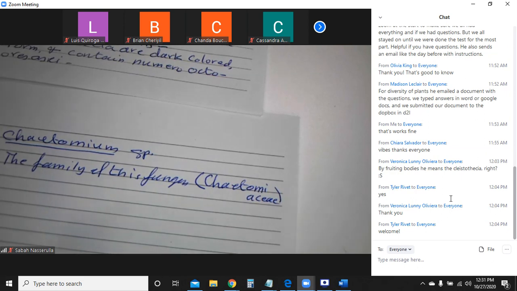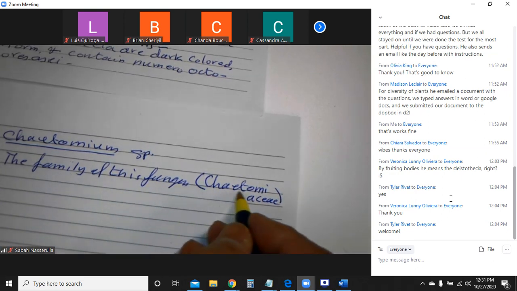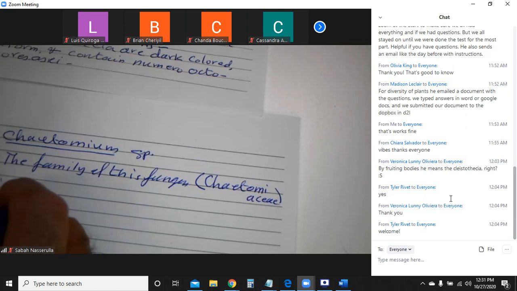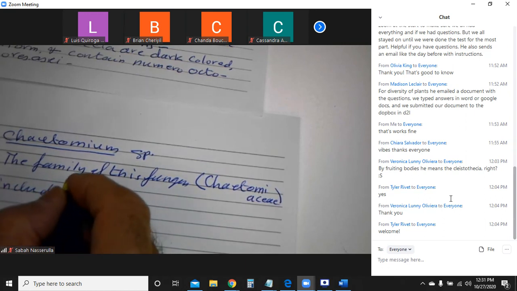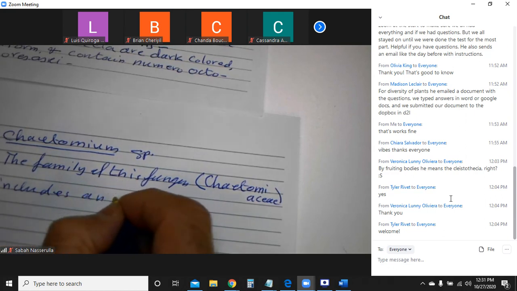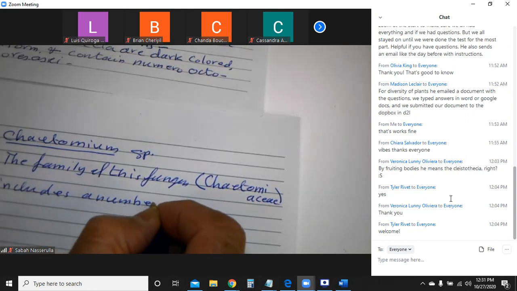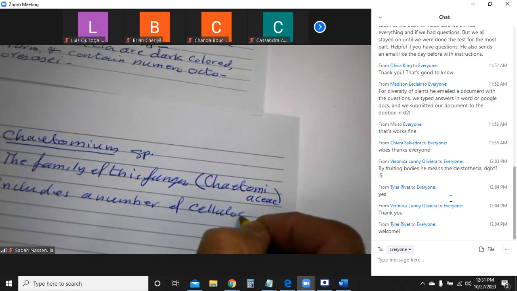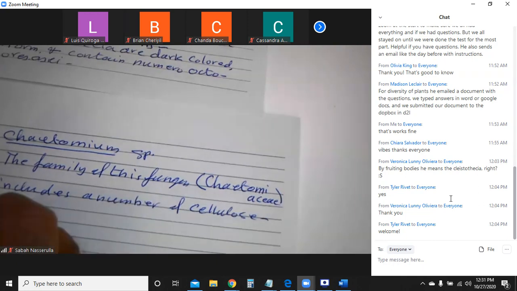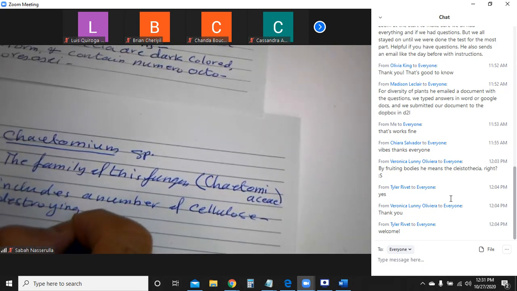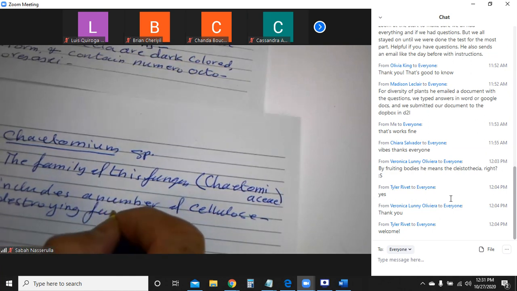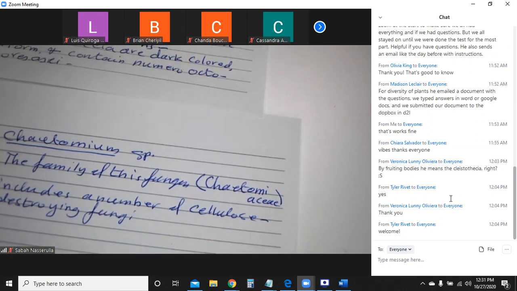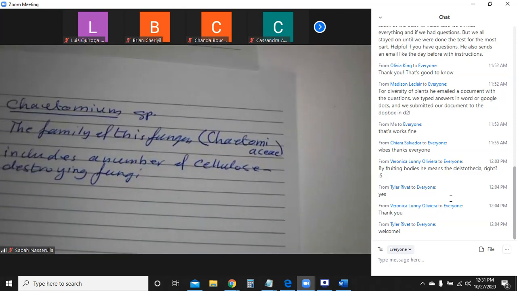So in this case, you call them cellulose destroying fungi. As I mentioned, the family of this fungus includes a number of cellulose destroying fungi.